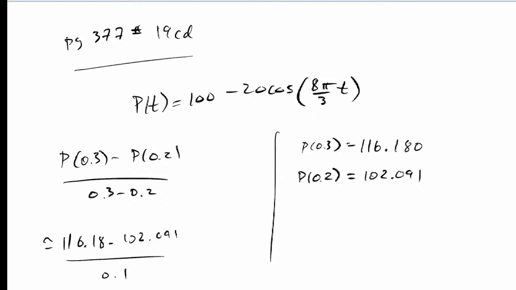This is 177.19C. Okay, yeah, I got 140.89 for my C value. That's C. Yeah, so it was in radian measure.